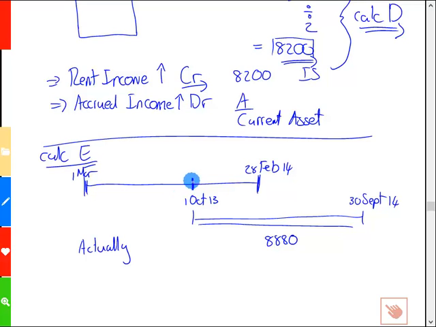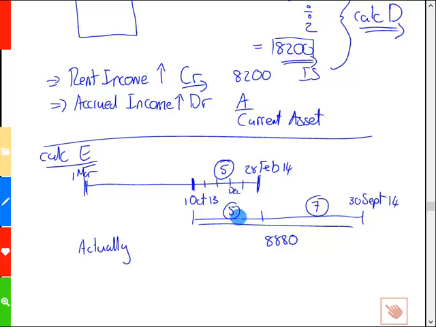And we've only used this section between 1 October and 28 February. So how many months is that? Let's count. October, November, that's 2, December 3, January is 4, February 5. So that's 5 months that relates to the financial year, and 7 months that relates to next year.